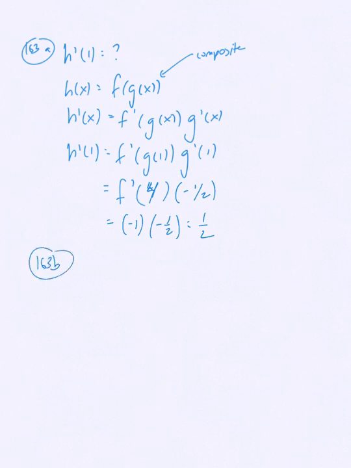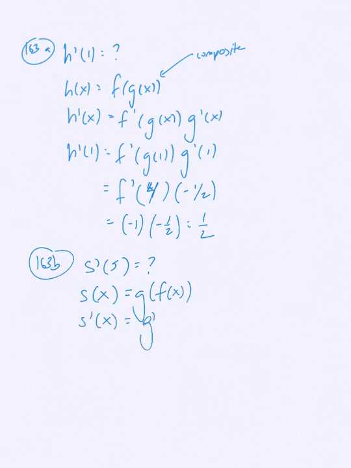All right, what does 163b have in store for us? Let's see, we're looking for s prime of 5. Okay, so they're changing things up on us. So S of x is g of f of x, which means that S prime of x is g prime of f of x times f prime of x, so the derivative of the outside times the derivative of the inside. Okay, so we're doing this when x is equal to 5.